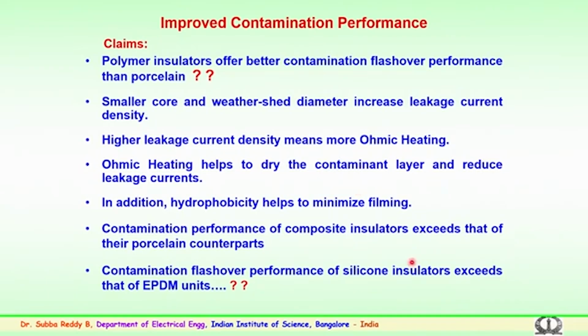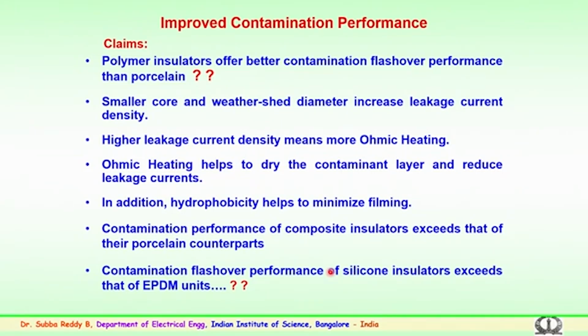In addition, the hydrophobicity of polymer insulators helps to minimize the filming. Hydrophobicity is a property of the surface of the material, where it tries to repel the water droplets or the polluted droplets on the surface, so that the film formation on the surface is reduced, and the accumulation of contaminants or pollutants gets reduced. That is one more advantage with the polymer type of insulator.